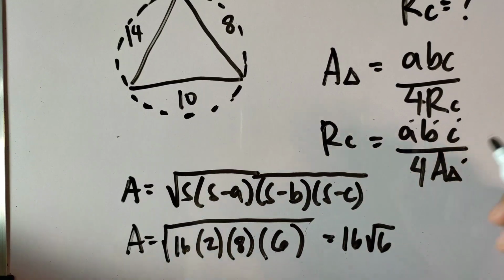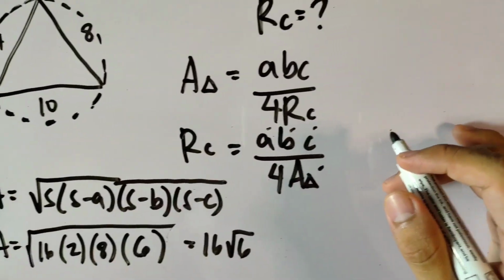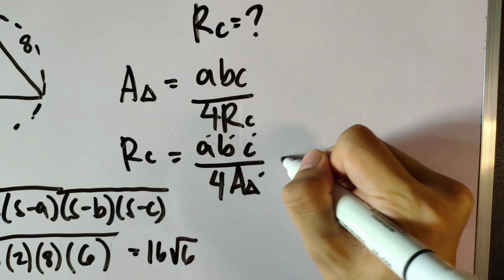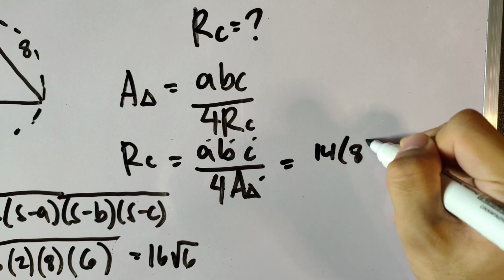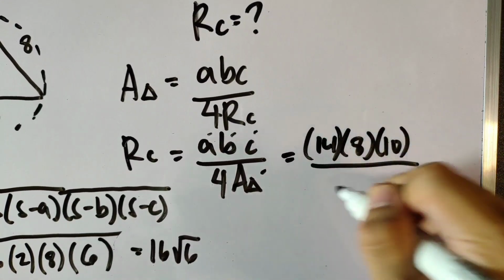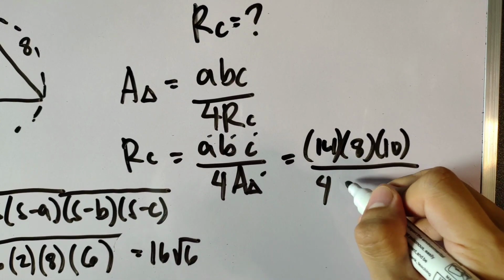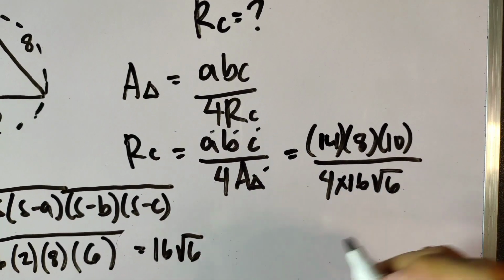So masasolve na natin ngayon yung R sub C natin. R sub C is equal to ABC, 14 times 8 times 10, divided by 4 times yung area natin, which is 16 square root of 6.